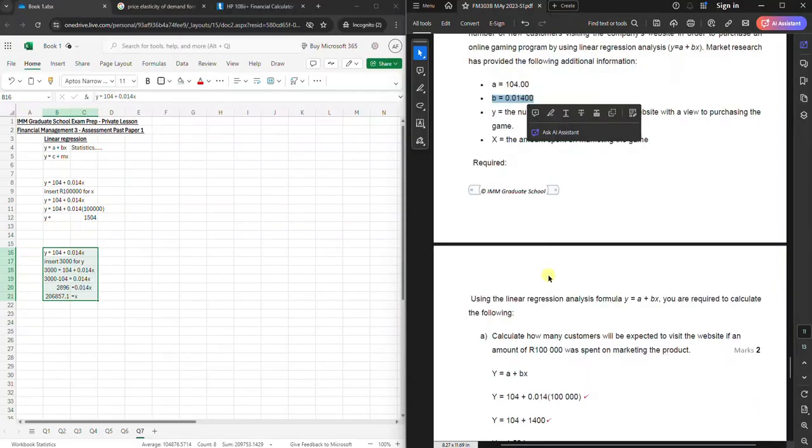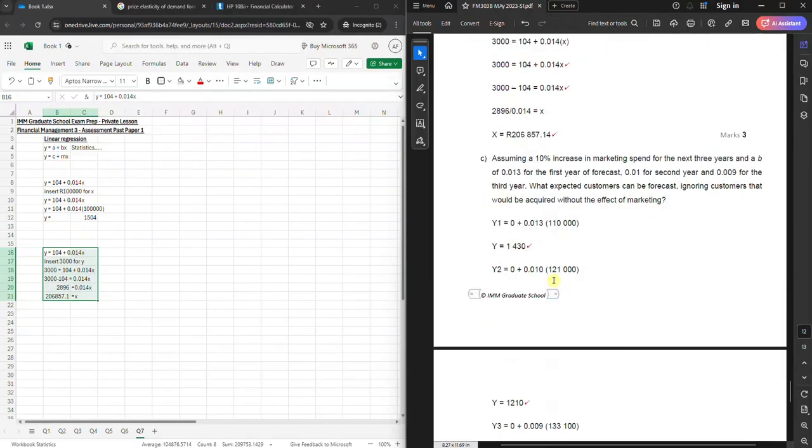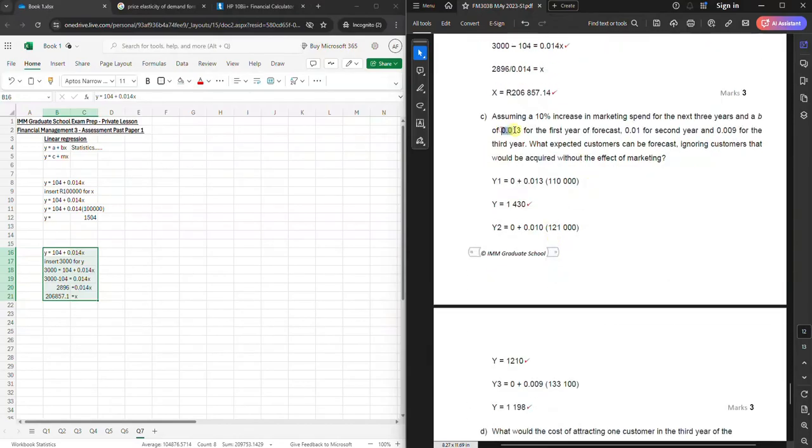Do you agree? It went up 10%. So it went to 1.13. There's the B. Exactly.